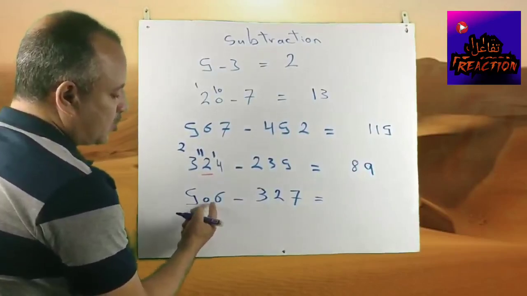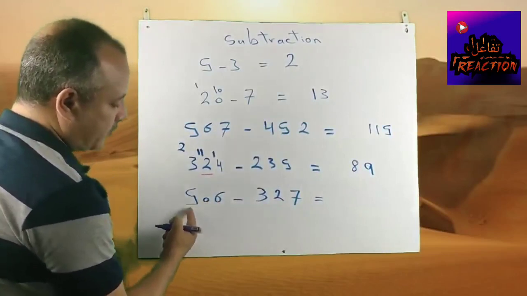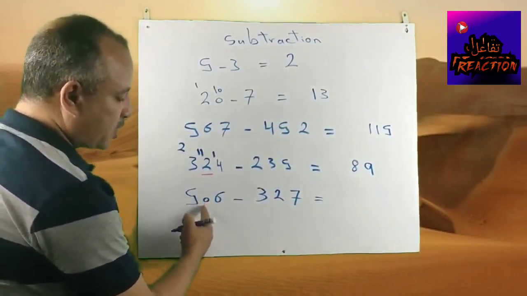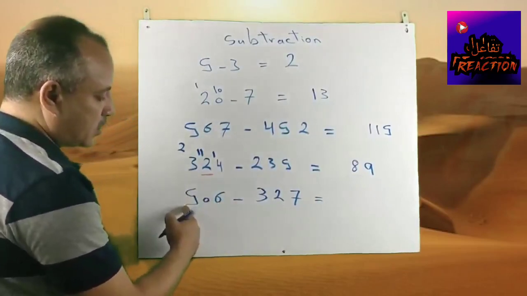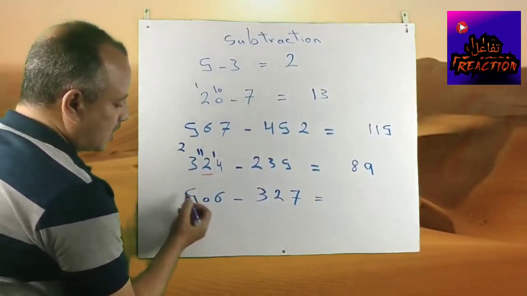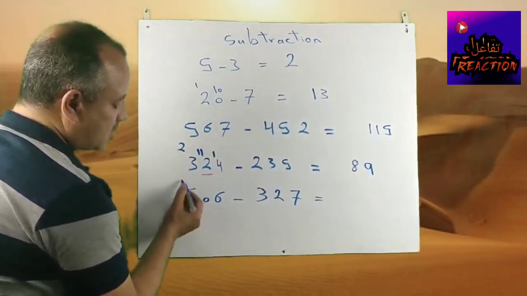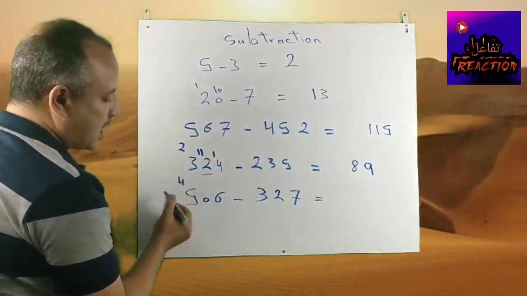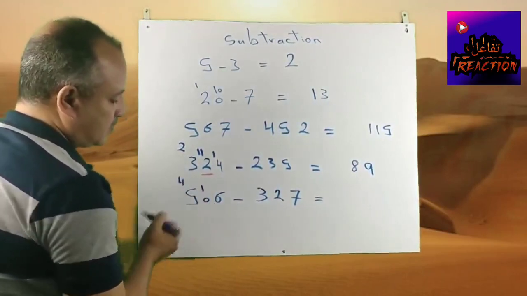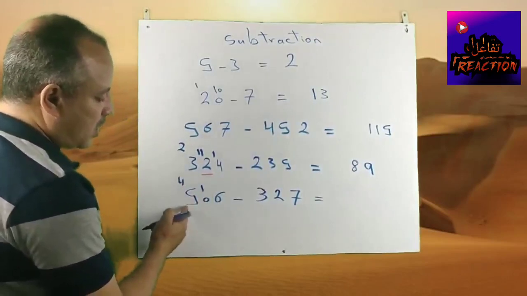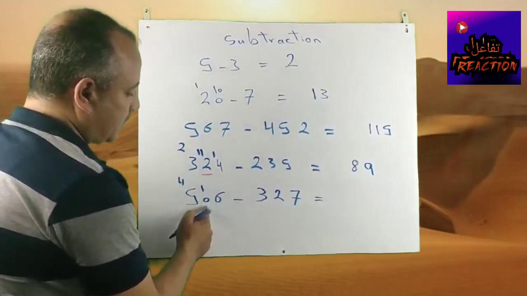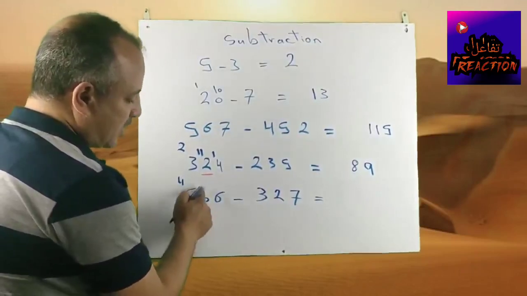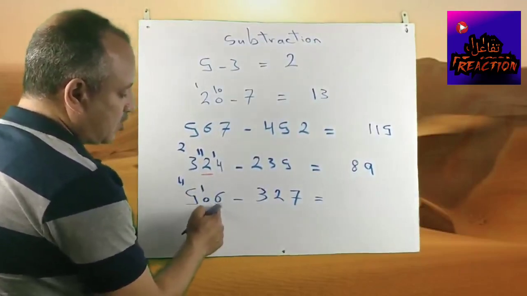The 0, before it lends, will borrow from the next neighbor, which is 5. So this 5 will become 4, and this 0 will become 10 because it borrowed 1 from this 5. So we have here 4 and here 10. After this 0 becomes 10, it lends 1 to the 6.